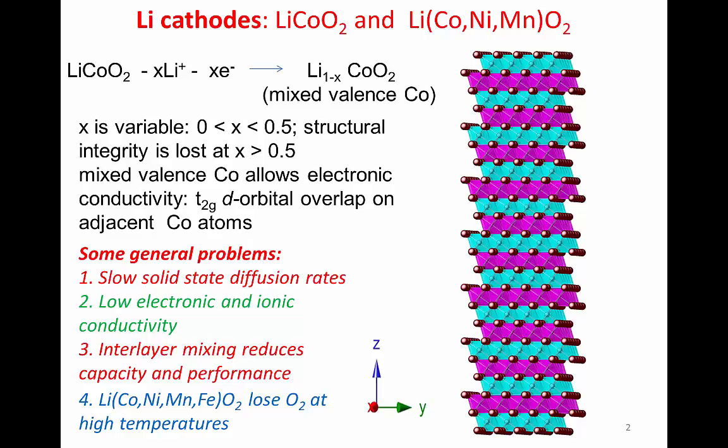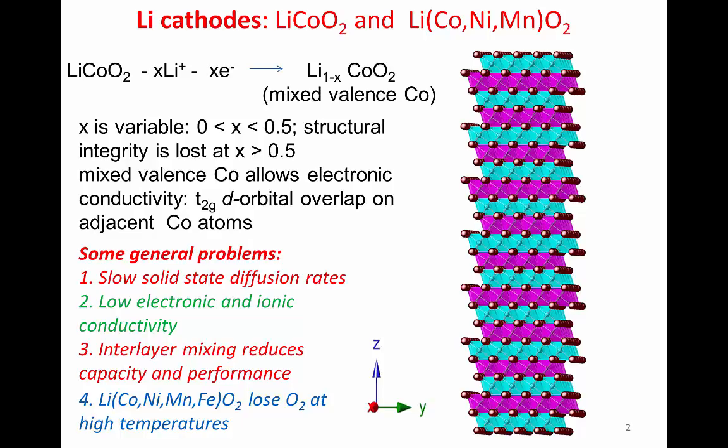These d orbitals are partially occupied, and electrons can easily transfer from one cobalt to another, and this is facilitated especially if we have a mixed valence of cobalt. So that's how the electronic conductivity occurs, electrons hopping between cobalt 3+ and cobalt 4+ ions.